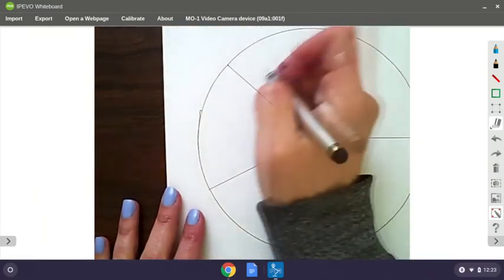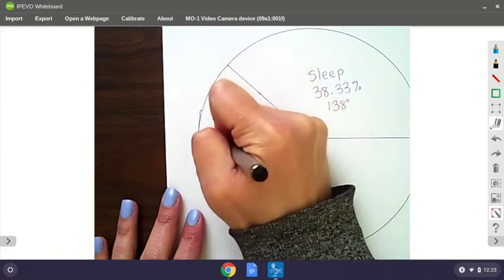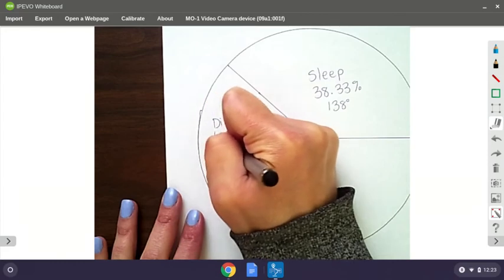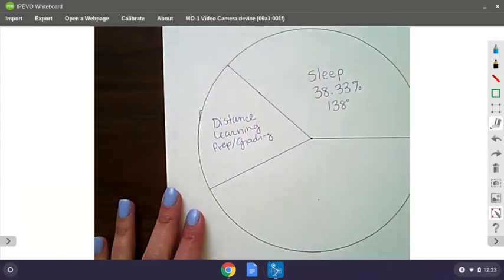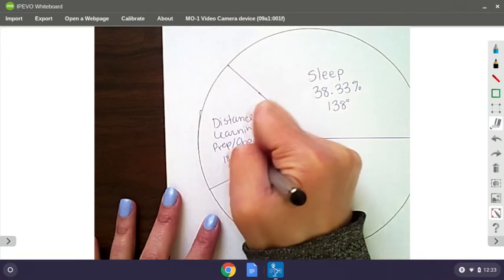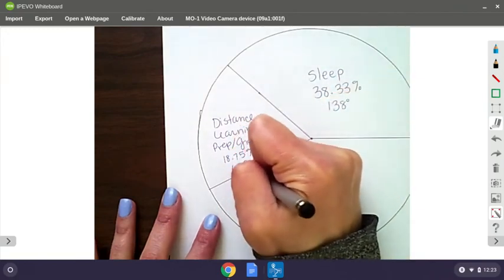Now when I label it, I'm going to turn it back over and label distance learning, prep and grading. So that one, I'm going to look back at my chart, was 18.75%, and it was 67.5 degrees.